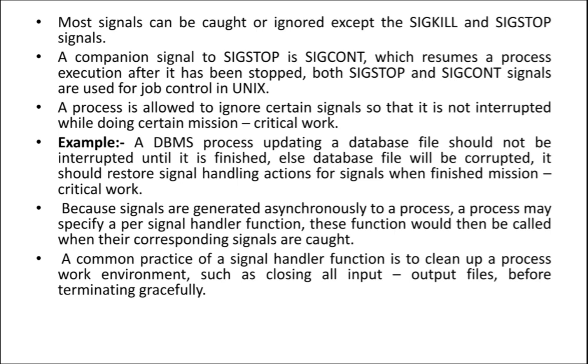You can't do that cleanup work. That's why you need to have the signal handler function, and you can clean up a process work environment, and you can terminate the task gracefully.